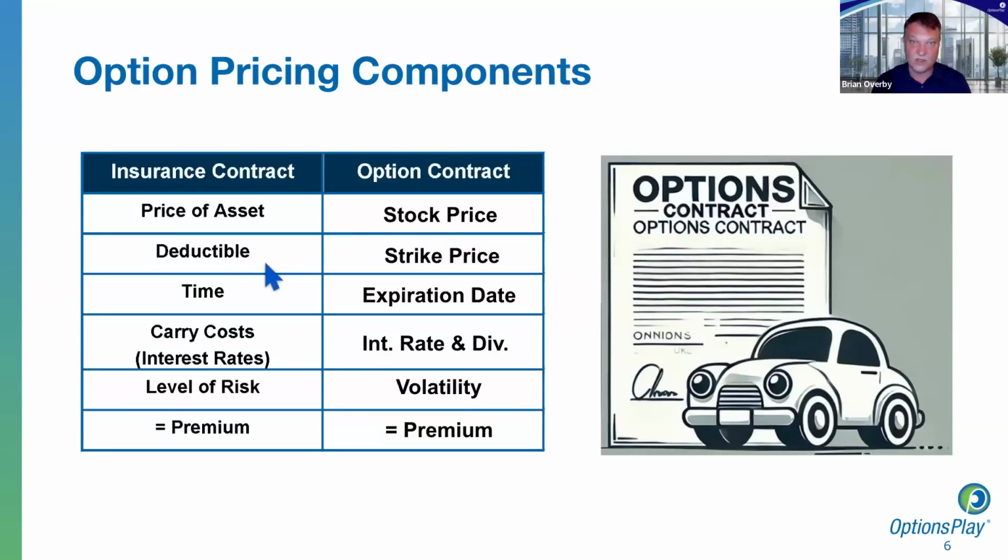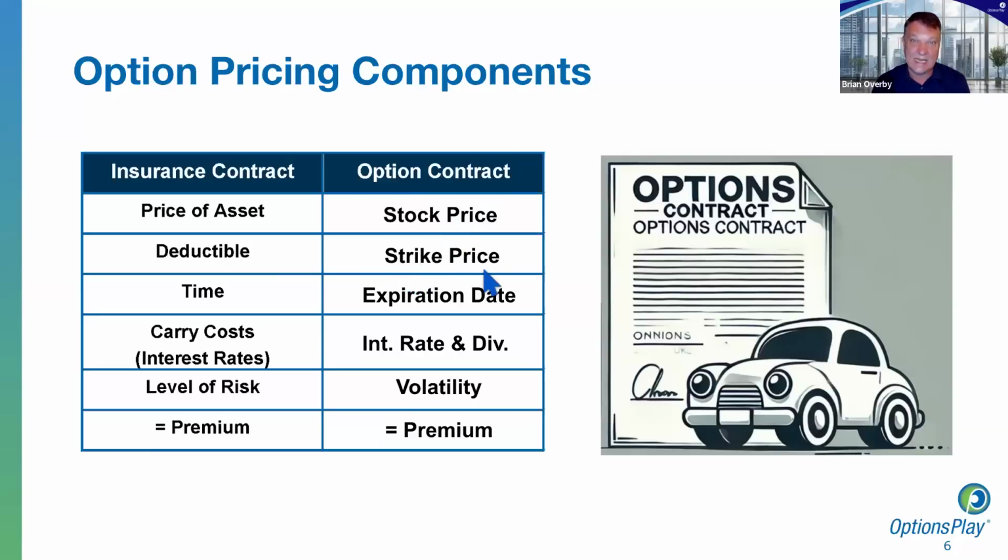Deductible. With car insurance, very rarely do you buy the zero deductible car insurance. Why? Because if I buy the zero deductible car insurance, it's usually quite pricey. So you usually say, I want the $500 deductible, or maybe the $1,000 deductible. And we can handle that in the option contract, in the put example that we talked about, the protected put, by the strike price.